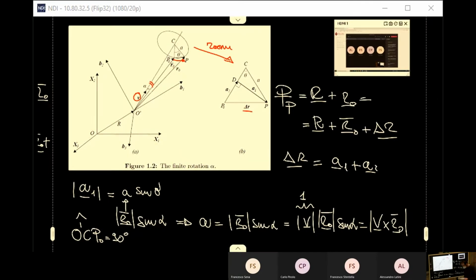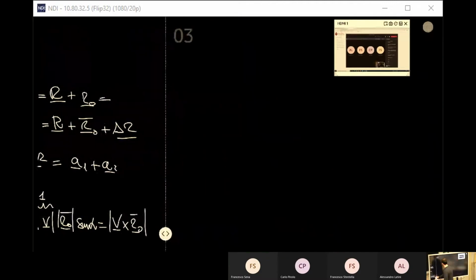All right. So if we go a little bit more forward, and we try to use what we have just found, the vector A1 is then, we saw, A times sinus of theta.